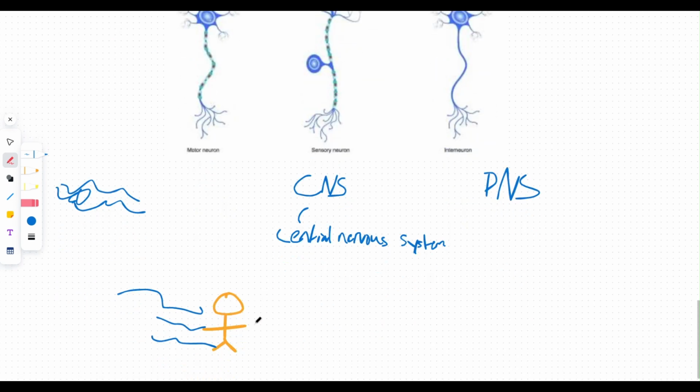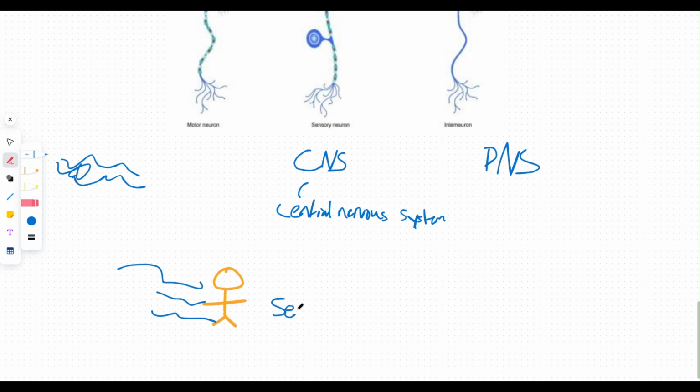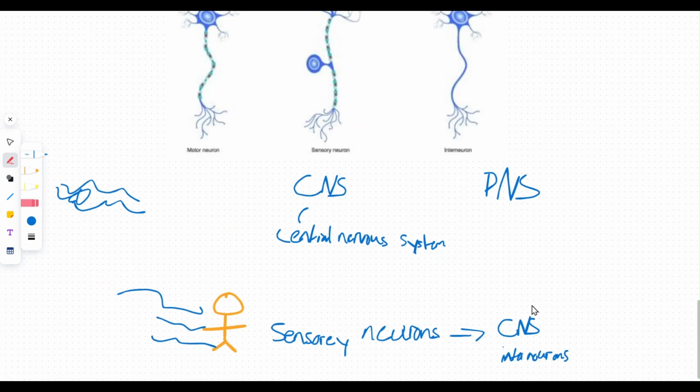So you go to sensory neurons, then it'll go to the CNS, which is the interneurons, basically, and then the interneurons will think. They'll say, "Oh, okay, what do we need to do? We could make our muscles shiver. We could make a behavior change like wearing a jacket. We could also do something else."